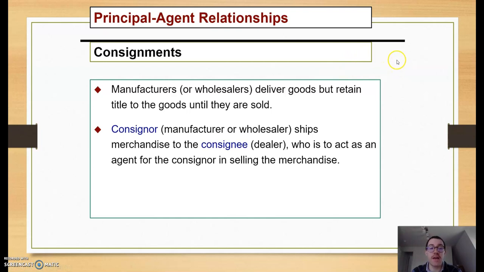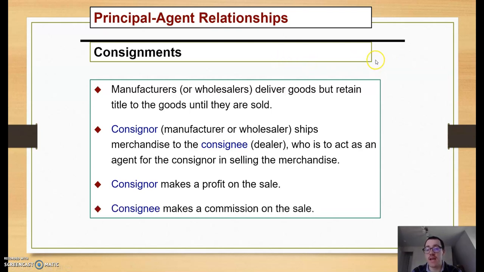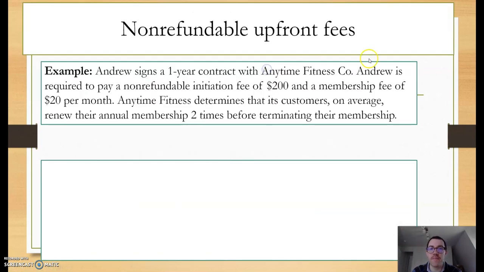So they are the consignors. The consignees are the Steinmarts of the world. And the consignor makes a profit on the sale, and the consignee makes a commission. But the point is, when that wholesaler drops off the goods at Steinmart, they have not made any sale yet at that point. They can't report any sale. And this is a good place to stop for now.